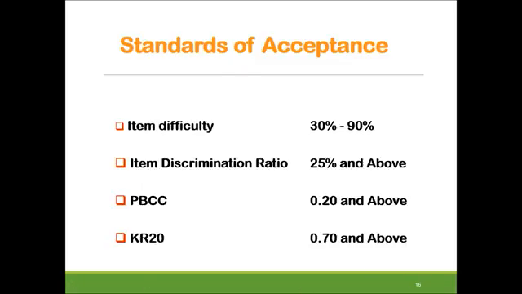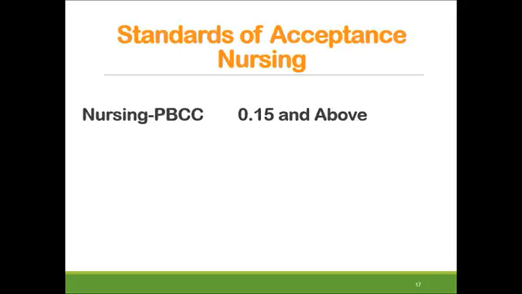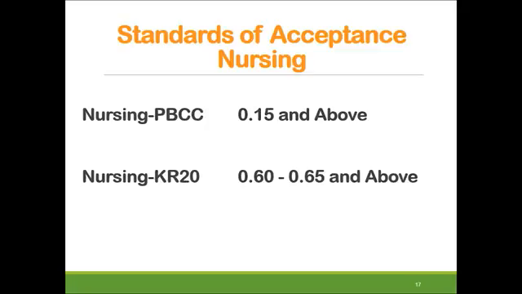The KR20 of 0.7 and above, that's the goal that you're trying to achieve for the reliability of the entire exam. In nursing, these standards are typically a little bit different, and that really is because by the time the students are in your nursing program, many of them at the upper division of their major, there's really not a lot of variance in the population of nursing students.